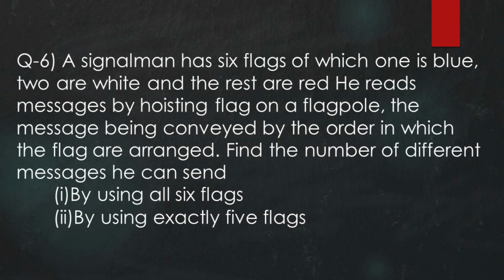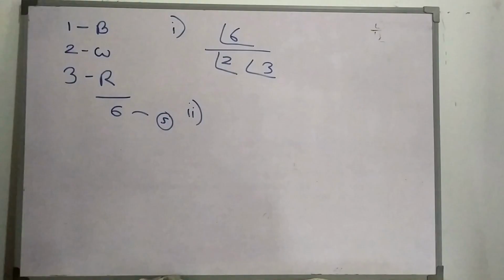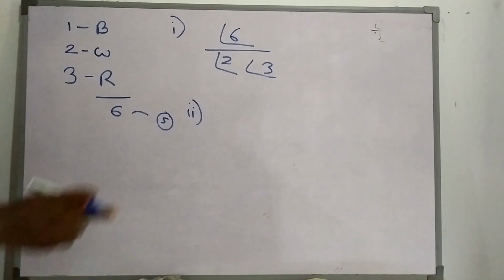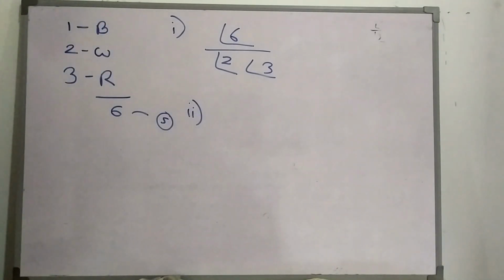So the next one, by using exactly 5 flags. Using exactly 5 flags means like the previous one, right? So we can ignore blue, we can ignore white, we can ignore red, separately. So you have to write one by one, removing it, right? So only a 5 flag signal under the 6 flags, right?